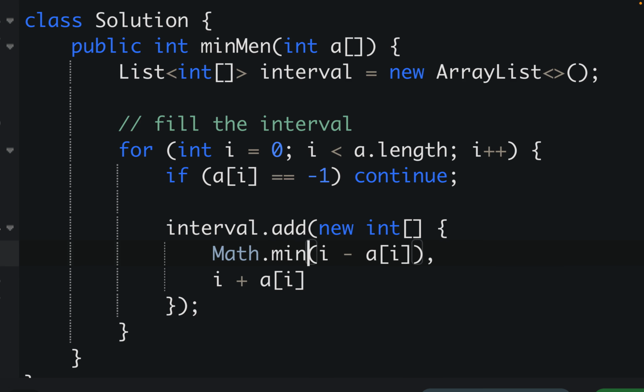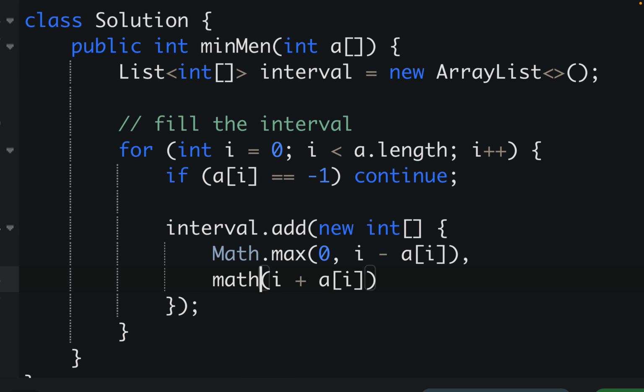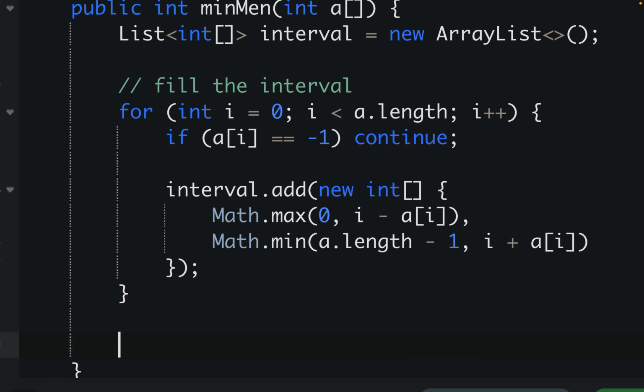Math.max of 0 comma this, and within here Math.min with a.length -1 comma this. So we have adjusted the boundaries right now, and what we'll do is we'll sort this one.